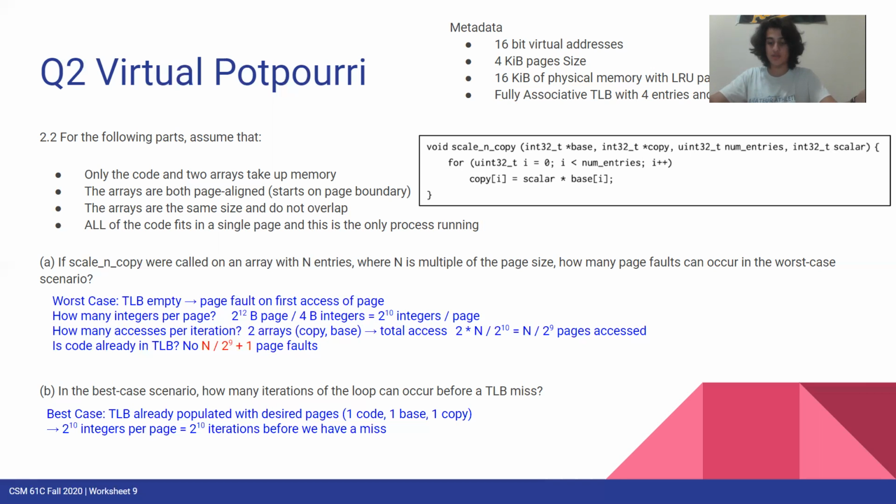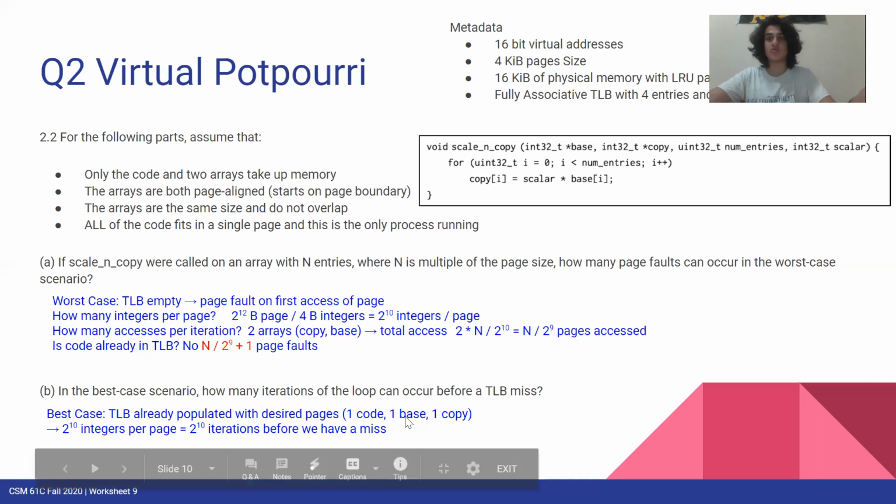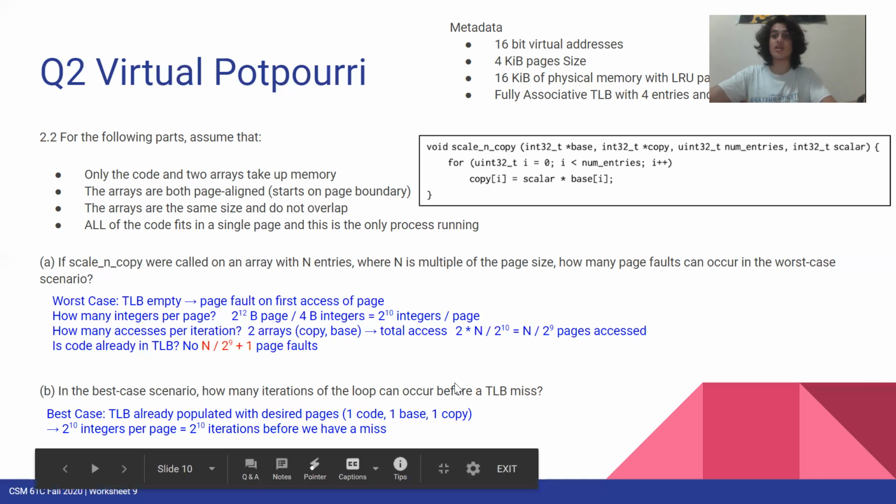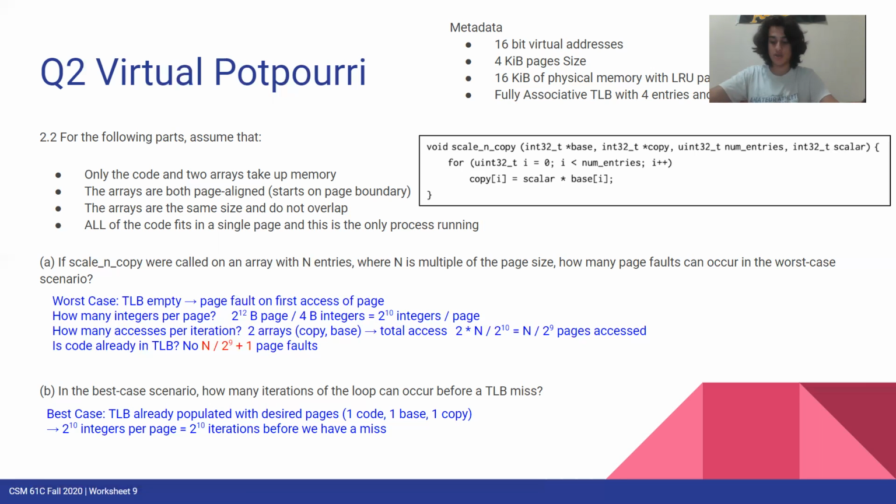with 2 to the 10 integers. And because we use these 3 pages here, in the best case we can have 2 to the 10th integers present in our TLB before we have to miss, by the pigeonhole principle.